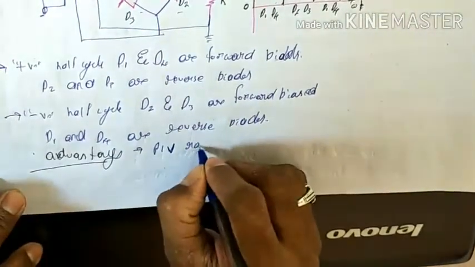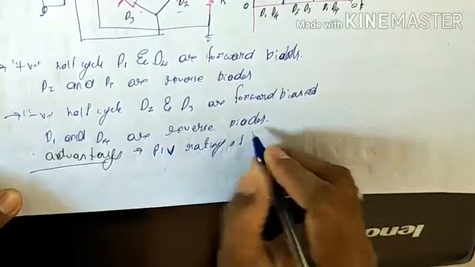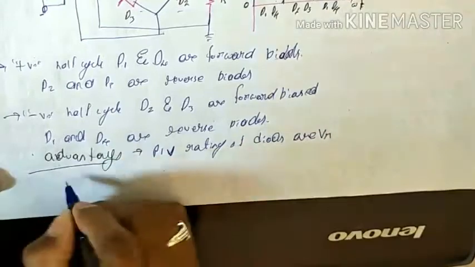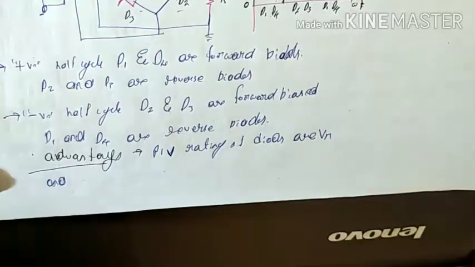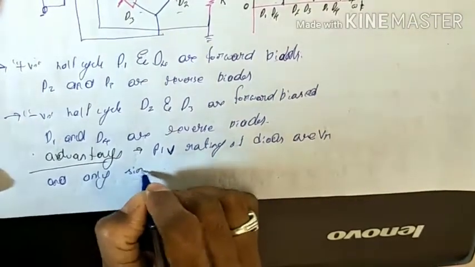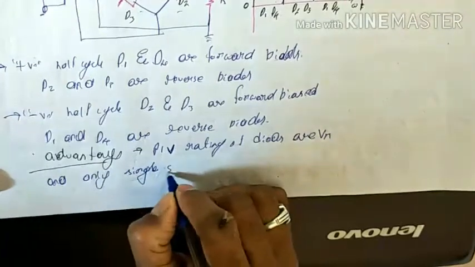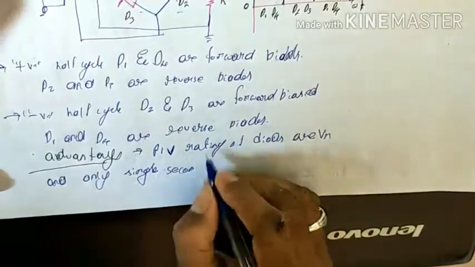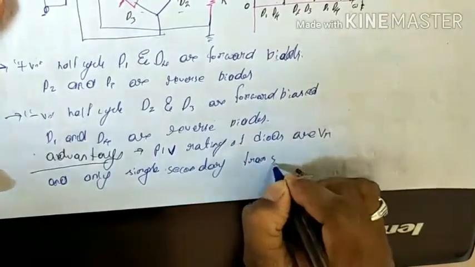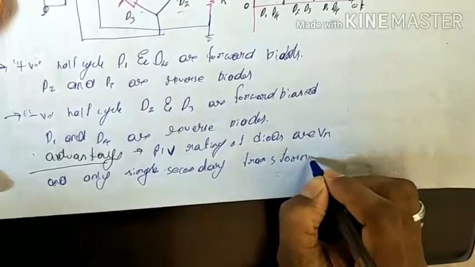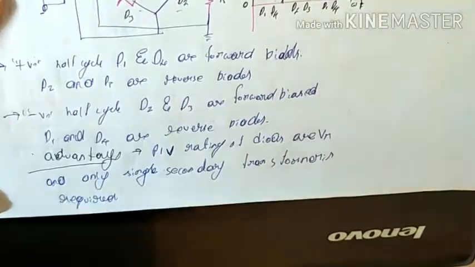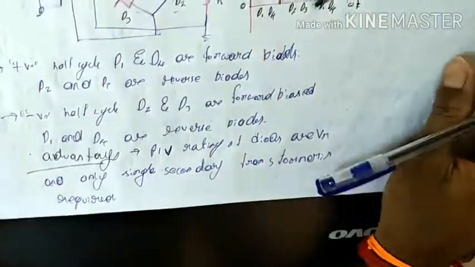The PIV rating of the diodes is Vm, and only a single secondary transformer is required. This is the main advantage of the bridge rectifier.